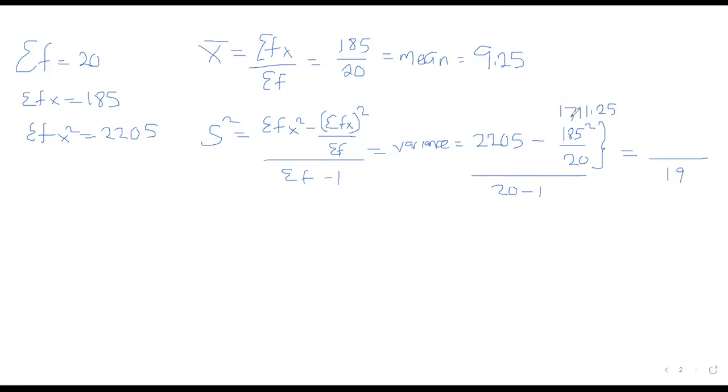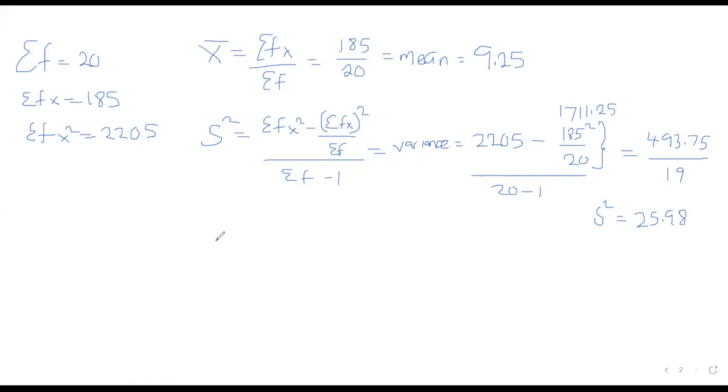So 2205 minus that one, what are you getting? 493.75. When you divide this by 19, what are you getting? 25.98. So this is called our variance.